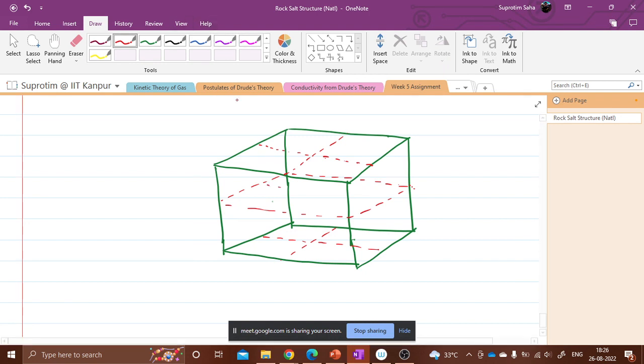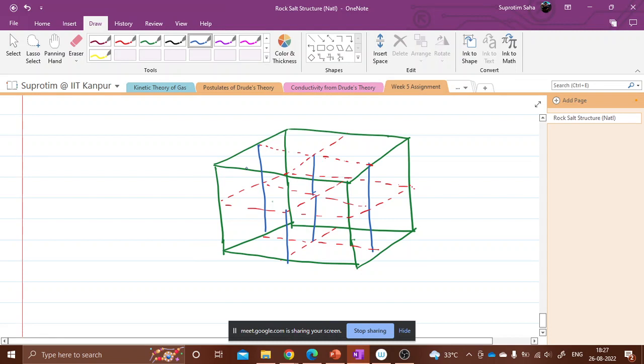So now the cubes are like this. So this is also divided, right? So planes will be like this, right? So this is one cube, and this is another cube. So this is done.